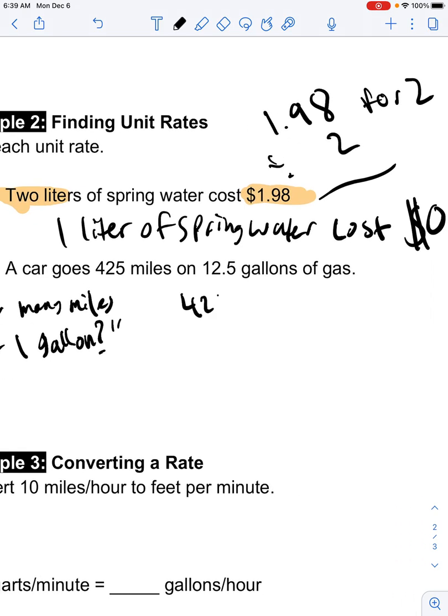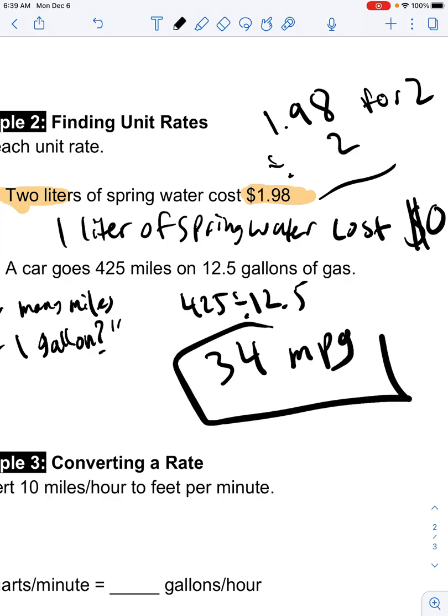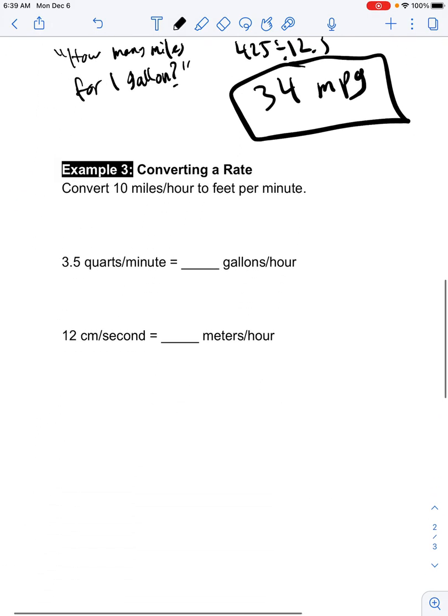So I'm at 425, and I'm going to divide by 12.5, because I want to know exactly how many miles I can drive with 1 gallon. And we get 34 miles per gallon, MPG.